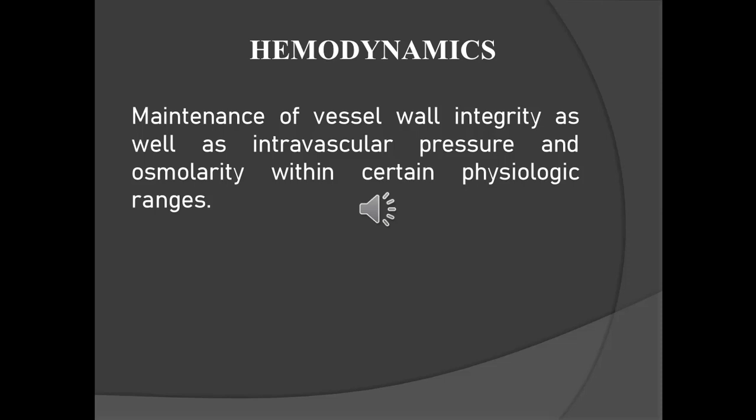Now, what are the various factors that are involved in maintaining the hemodynamics of the blood? There are various pressures present inside the blood vessels, like hydrostatic pressure and plasma colloid osmotic pressure.